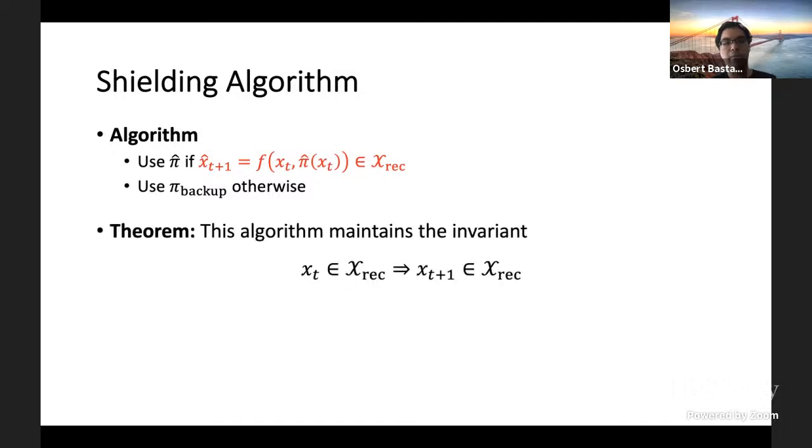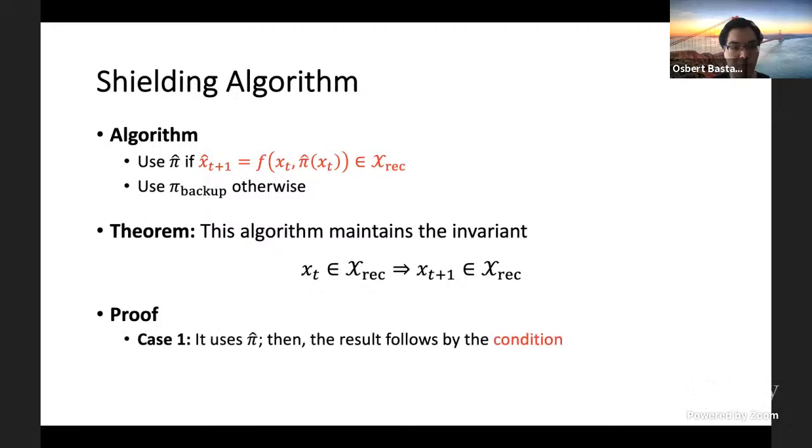The reason this works is that this algorithm maintains the following invariant. If in the current step we're in the recoverable set, then in the next step we're going to remain in the recoverable set. As long as we start in the recoverable set, by induction, we're going to stay in the recoverable set for the entire horizon. It's pretty easy to show that this theorem holds.